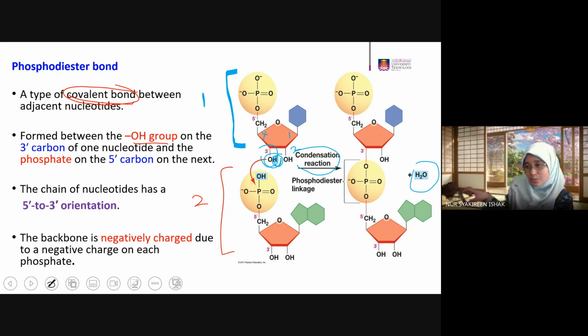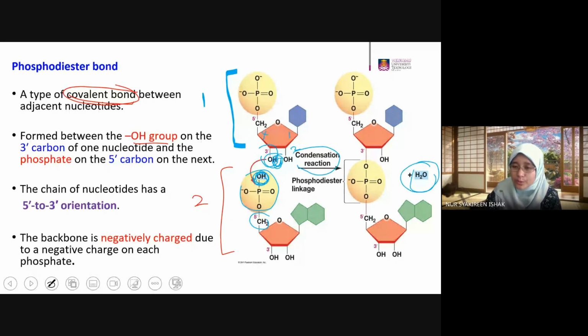And the next nucleotide that is going to be added, at the phosphate group attached to carbon number 5, has a hydroxyl group. So this hydroxyl group will be removed. So remove the hydrogen, remove the hydroxyl, OH here. So it forms a water molecule.